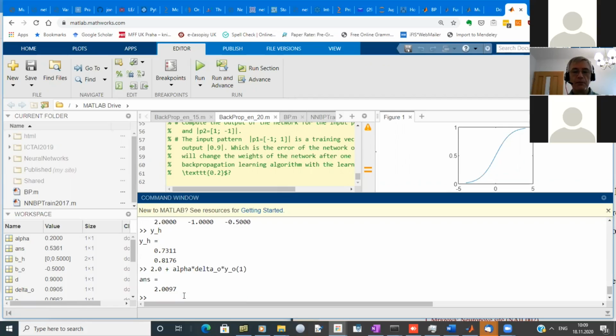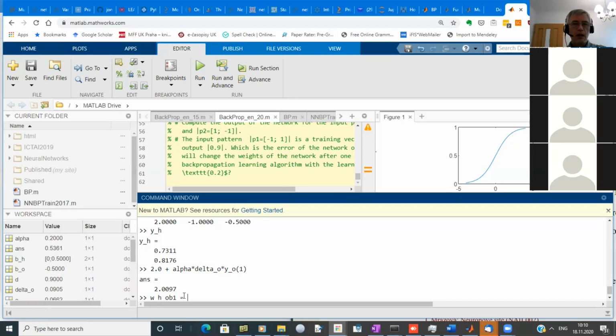This is the value. But I would like to have a formula which computes the new weights from hidden to output layer with biases, in one expression.